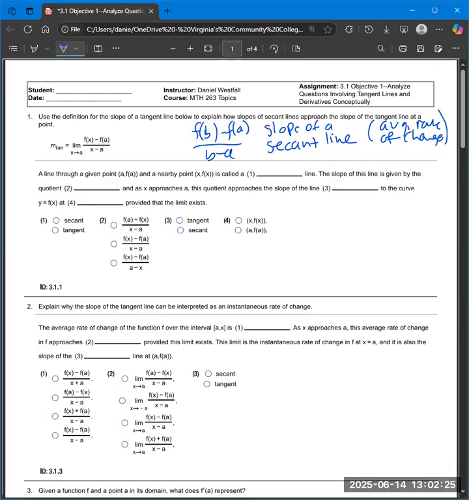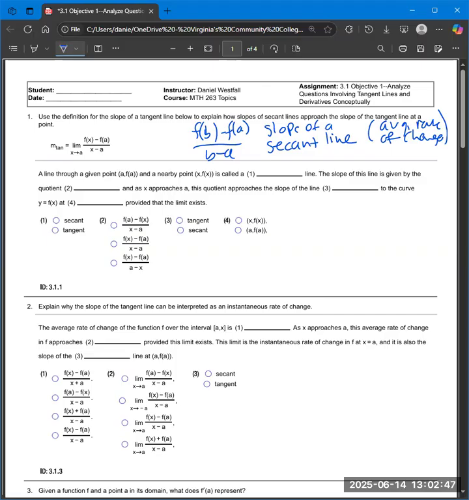And so this looks like a 0 over 0 situation, which would tell us to do some algebra and that we'd have this x minus a as a factor to cancel out. And that's exactly what's going to happen. And then we'll be able to find the slope of the function f at a.